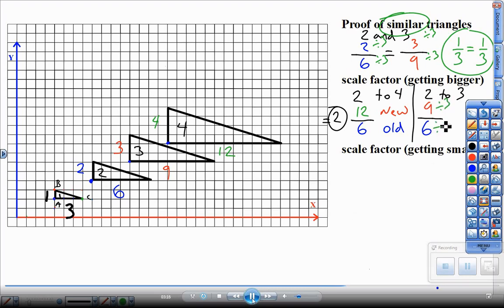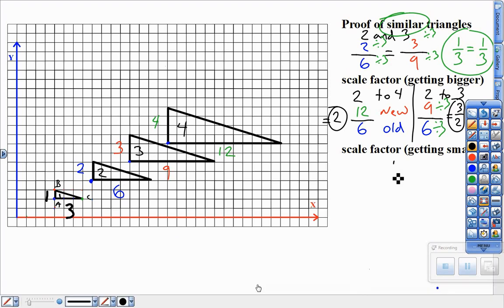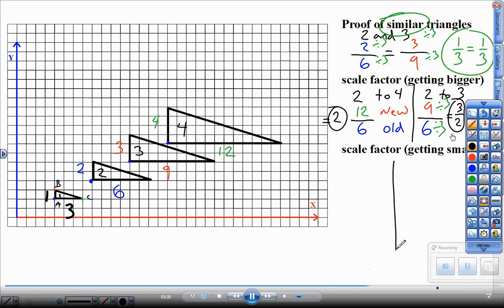This fraction can't be reduced evenly, but it can be divided down. So if I divide both top and bottom by 3, that reduces down to 3 halves. So this triangle is 1.5 times bigger than triangle 2. And again, 3 halves is 1.5.